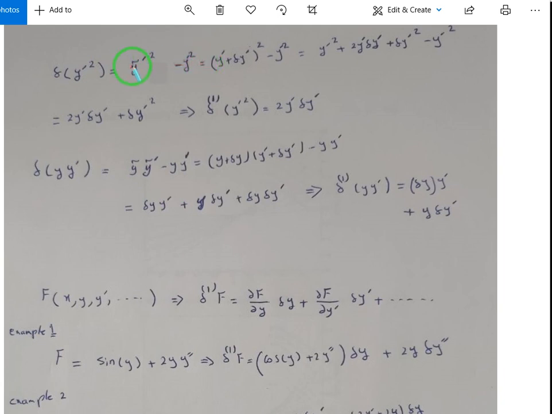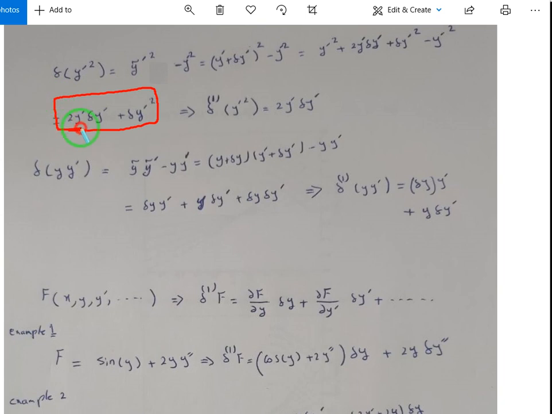So if I replace y tilde dash as y prime y dash plus delta y dash, all of them by 2 minus y dash by 2, and expand this term and do some simplification, I will have this term.